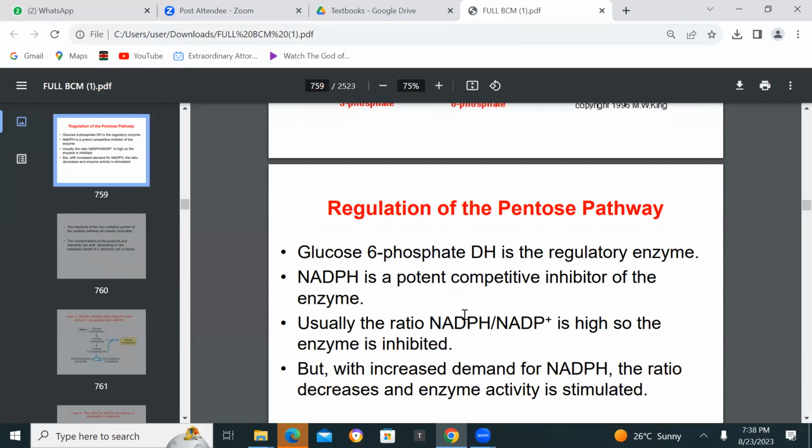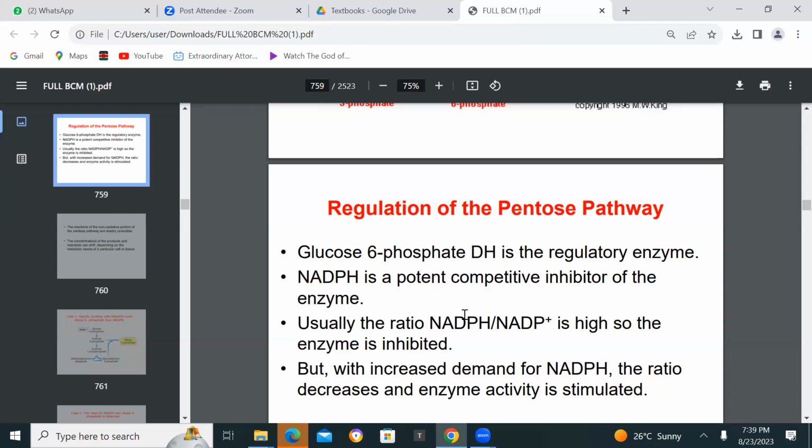So now, when we are trying to regulate the pentose phosphate pathway, the pathway ends up producing more NADPH. If there is more of it, then it inhibits, it stalls the pathway.